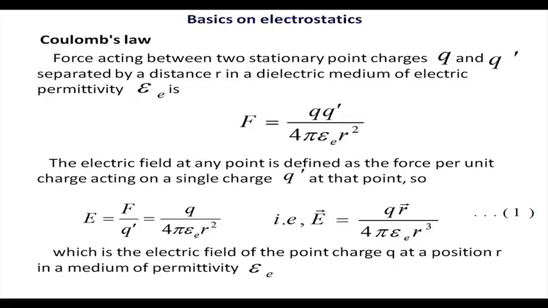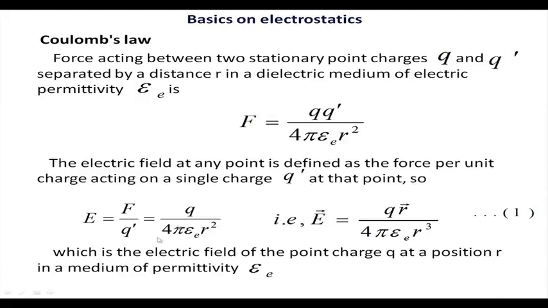Suppose there are two point charges q and q dash placed at a separation distance r, in a medium which has a permittivity epsilon e. Then the interacting force between q and q dash is governed by this equation. This is called Coulomb's law. Here, r is the separation distance.